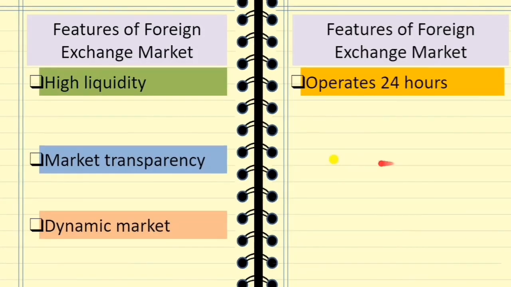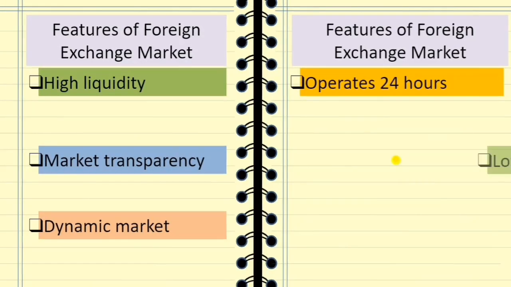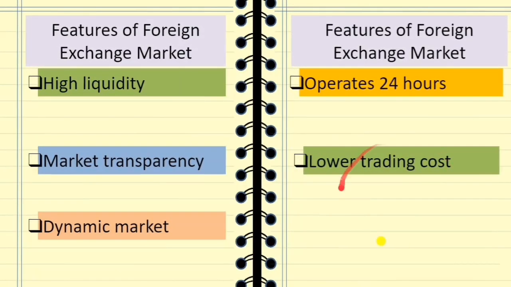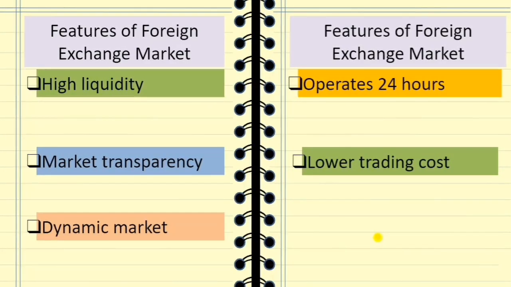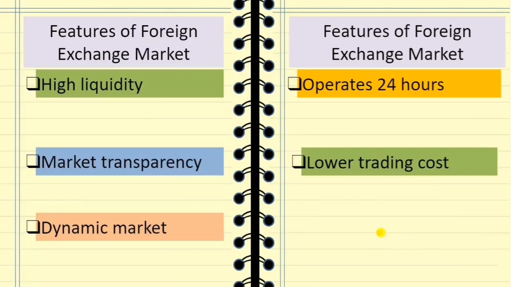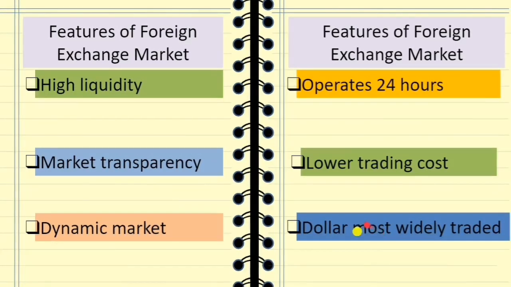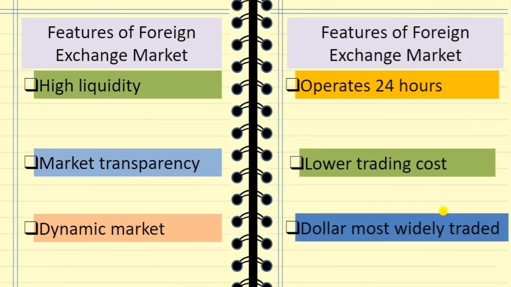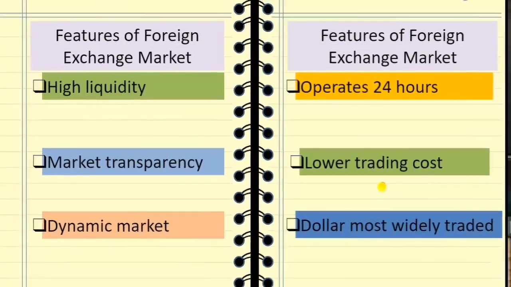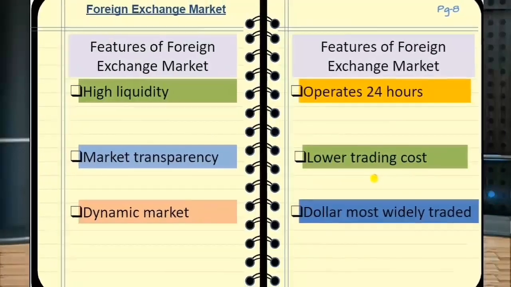Another important feature we have seen is the lower trading cost. And a very important feature of the foreign exchange market is that the dollar is the most widely traded currency in the foreign exchange market around the world.